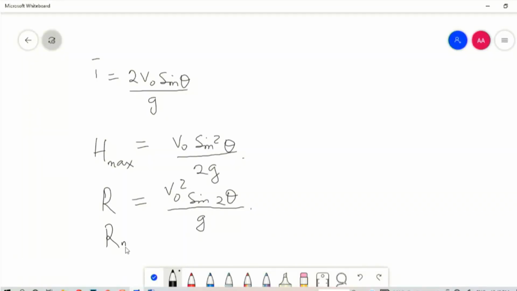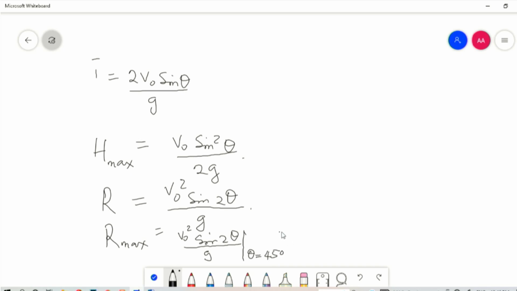Maximum range occurs when the angle of projection is equal to 45, that is when theta is equal to 45. We can also define that as R maximum, which is equal to v naught square sin 2 theta upon g at theta is equal to 45 degree.